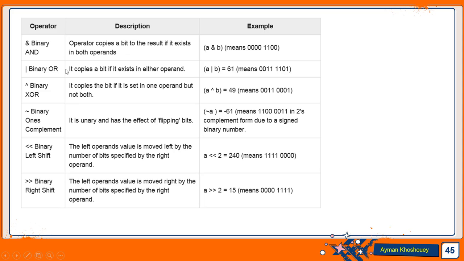You can use binary AND, OR, XOR, binary ones complement, binary left shift, and binary right shift. And these are the examples.